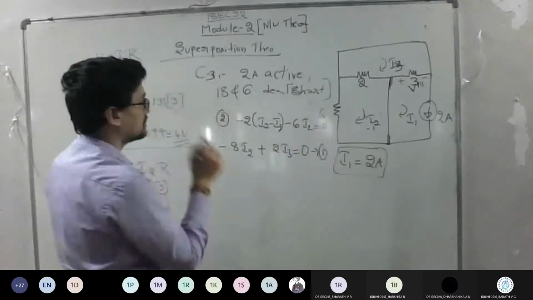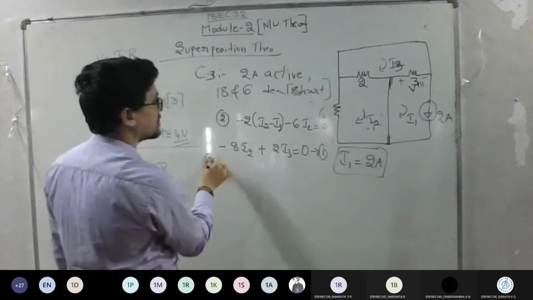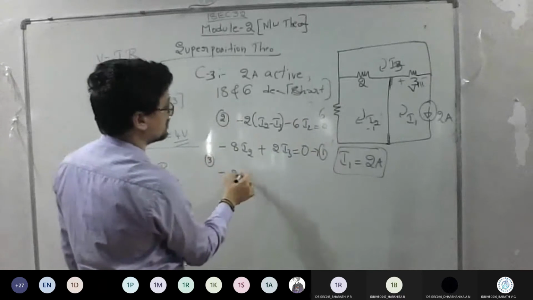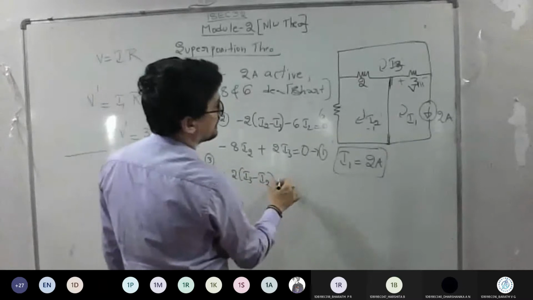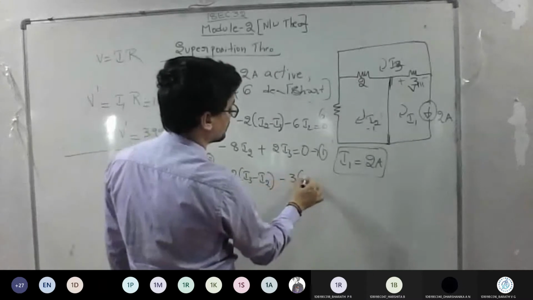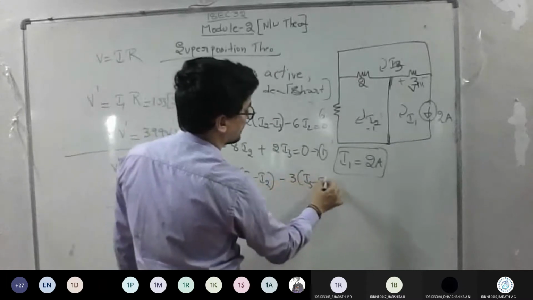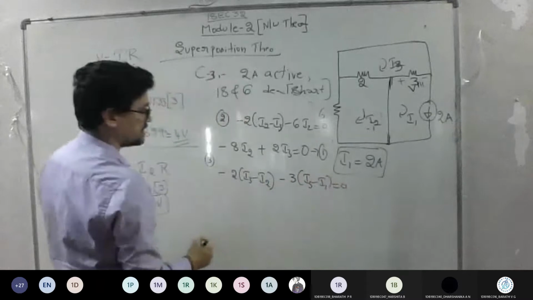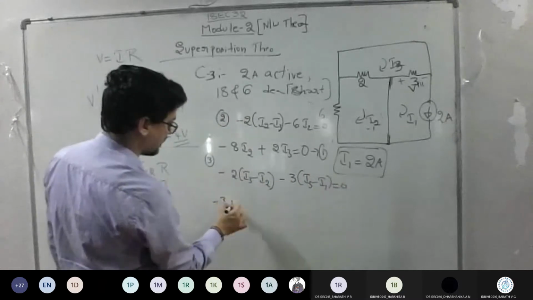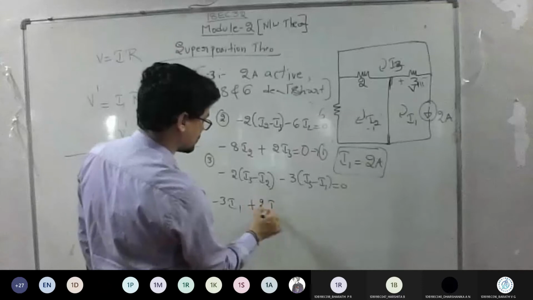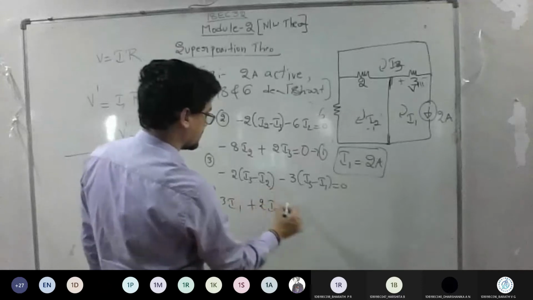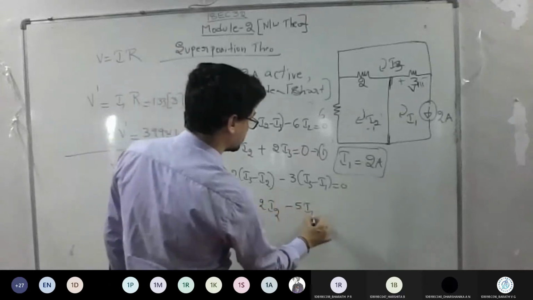Similarly for the third equation: minus 2 I3 minus I2 and minus 3 I3 minus I1 equal to 0. So simplify this. It becomes minus 3 I1, plus 2 I2, and minus 5 I3 equal to 0.